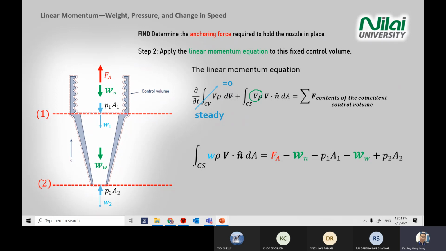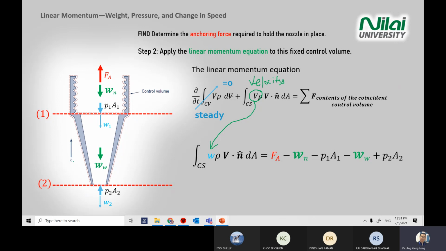Look at V. When you write your answer, you should already know to change V to the direction of the velocity. This is the velocity direction, and it must tally with your free body diagram.